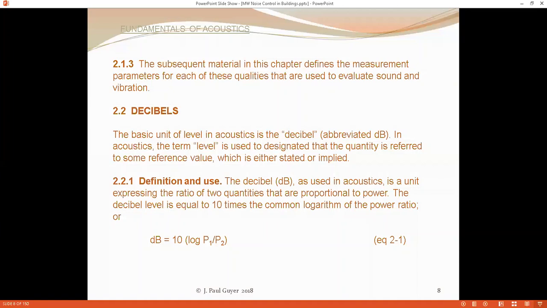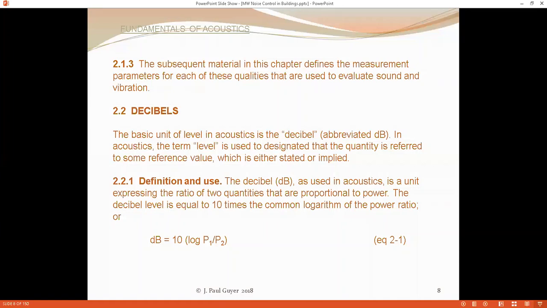Decibels is equal to 10 times the log of P1 over P2, where P1 is the sound power that you are perceiving at an instant in time.